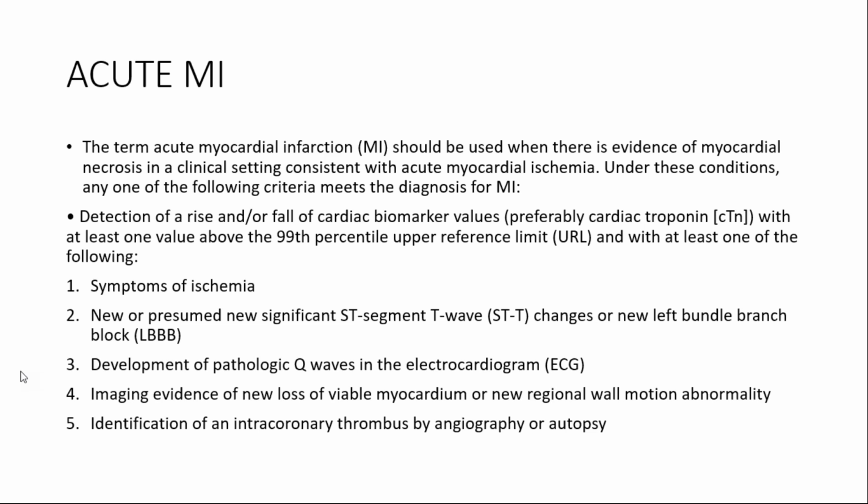Whenever you see an echo report of a cardiac MI patient, it usually states the wall affected or the location affected, that is inferior wall or septum. The term RWMA noticed is regional wall motion abnormality, which is evidence of loss of viable myocardium, and identification of intracoronary thrombus by angiography or autopsy.